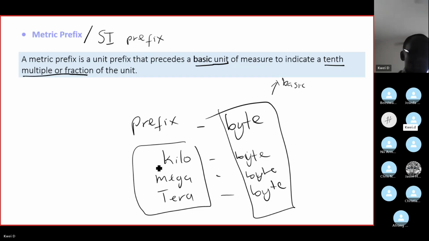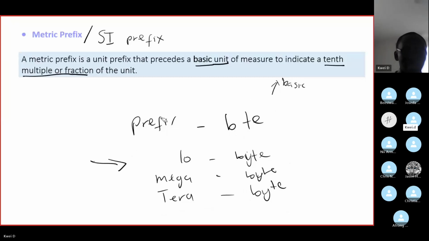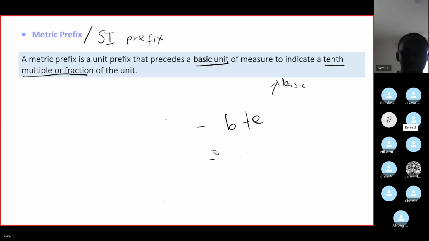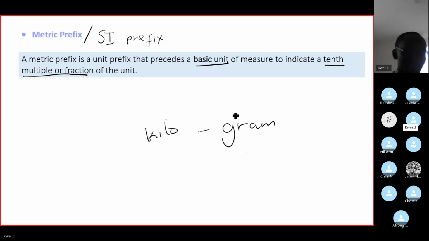So these ones are the metric prefixes. You bring them before the basic unit. Another example is the gram being a basic unit, not base unit, two different things. If we take the gram, we can put a prefix in front of it, maybe kilo, to get kilogram. You can put a milli in front of the gram to get milligram.